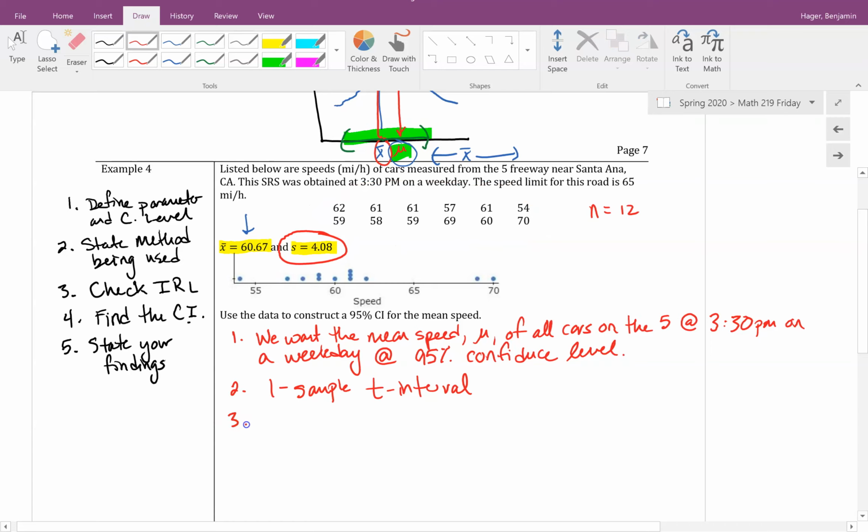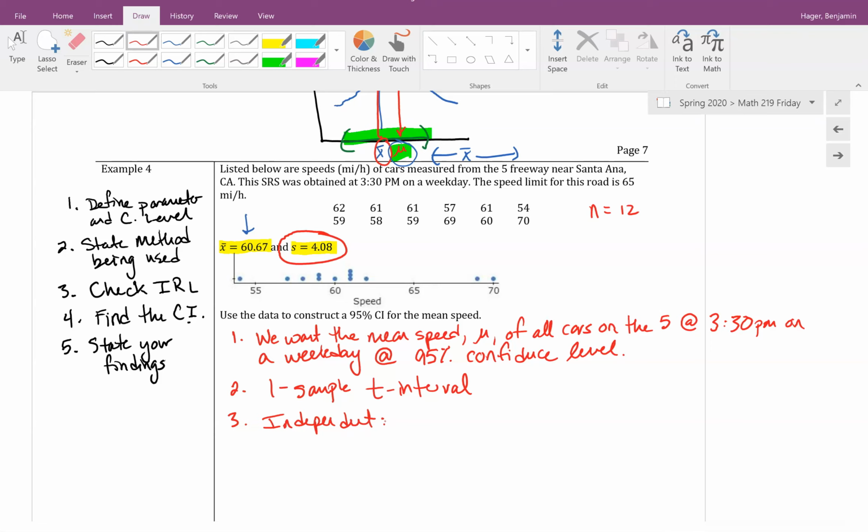Okay. 3, check the requirements. So independent. Does one car have an impact on the other car? I say yeah. I think inherently, these are not independent. If you're on the freeway and everyone around you is driving slow, it's probably going to force you to slow down just because you can't get around them, or it's just kind of following the herd.